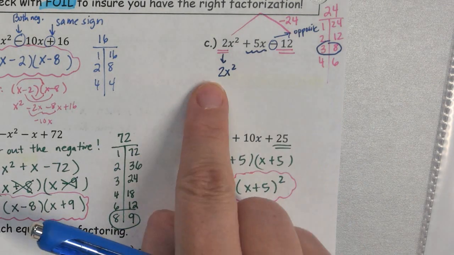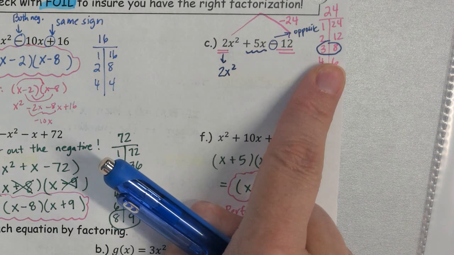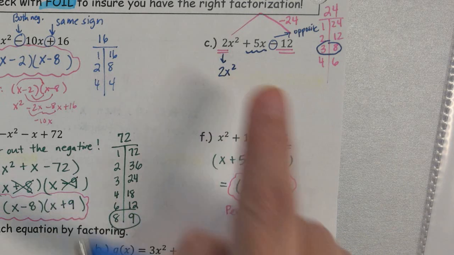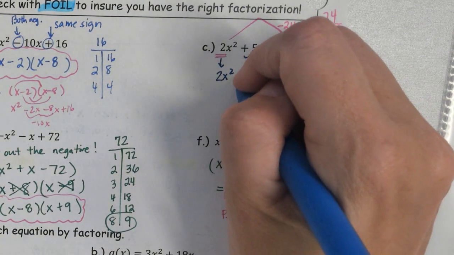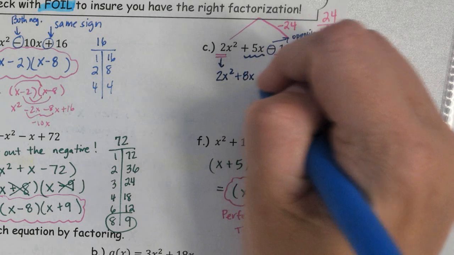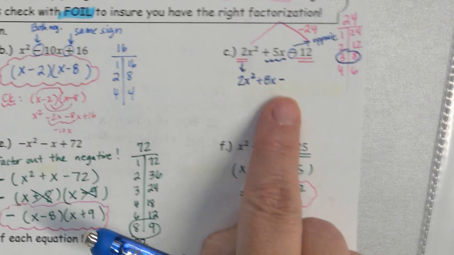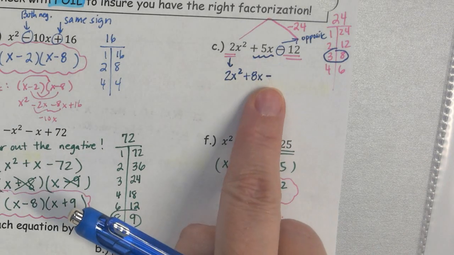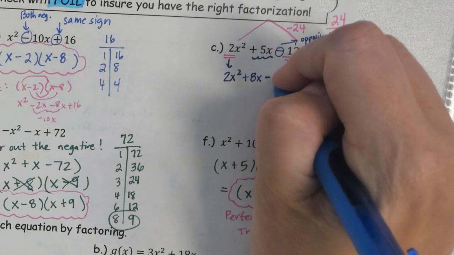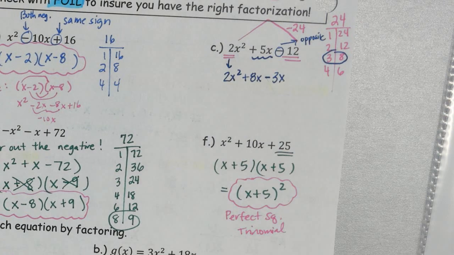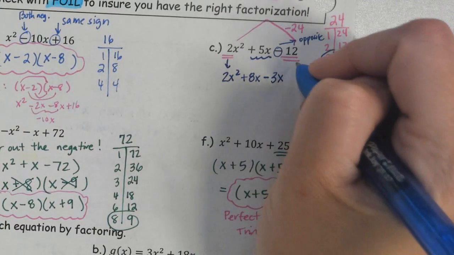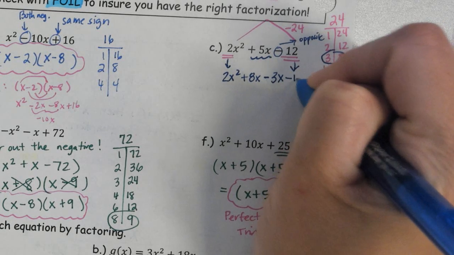Does 2 go into 3 or does 2 go into 8? Okay, so I'm going to put the 8 next. So this is going to be plus 8x minus, what would I have to subtract to get 5x? 3x. And then we're going to drop down the negative 12.